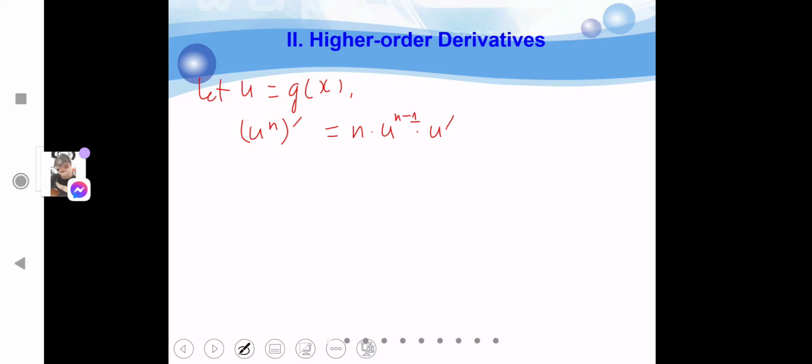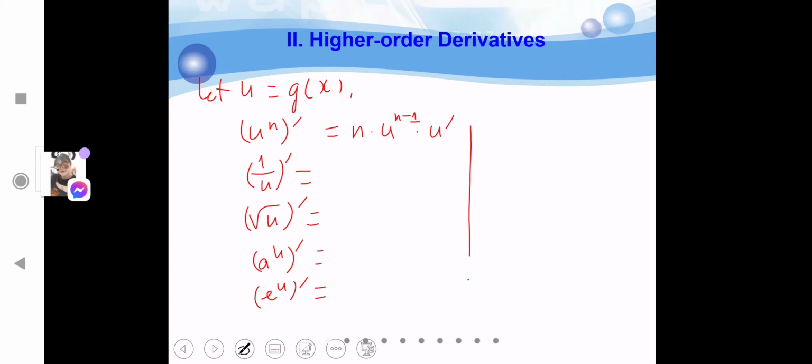Okay, and 1 over u derivative, square root of u derivative, a to the power u derivative, e to the power u derivative, logarithm base a of u derivative, and natural logarithm u.